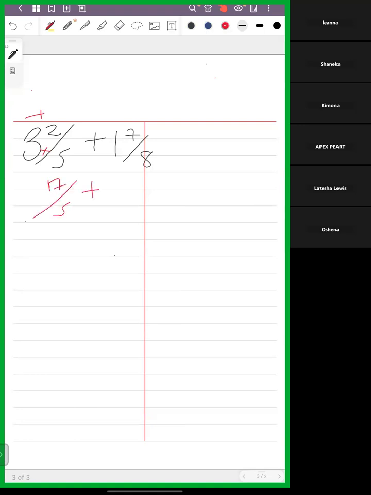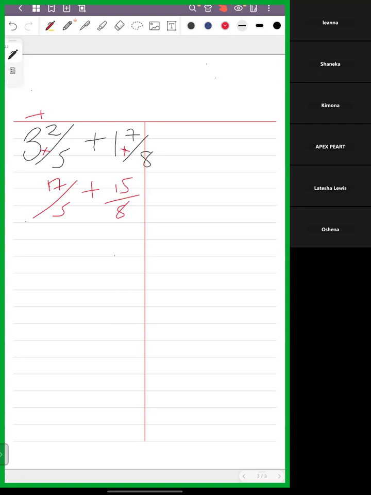Plus, moving right along, we're going to take the 8 and multiply it by the 1. So 8 times 1 is 8, right? And then we're going to add 7 to the result, which is going to give us 15 over 8.